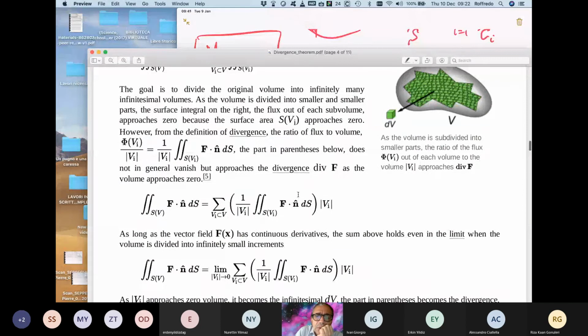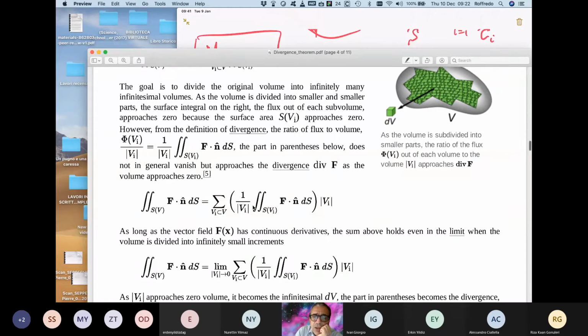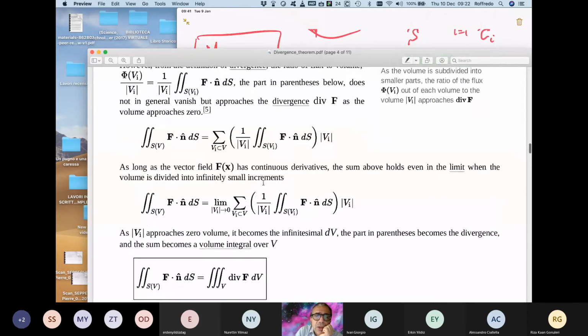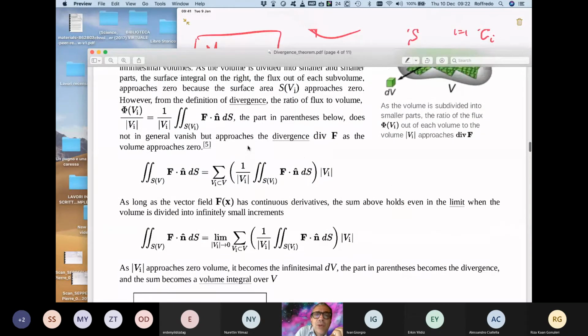So this is an important trick. You divide the flux of our field, I'm calling it F, I called it W, no problem. You divide this flux by the volume of the small cube, so that you can write, okay, now they wrote limit. This is a very intuitive procedure, but of course there is an ambiguity here.